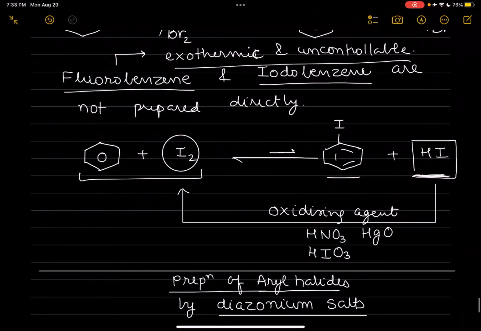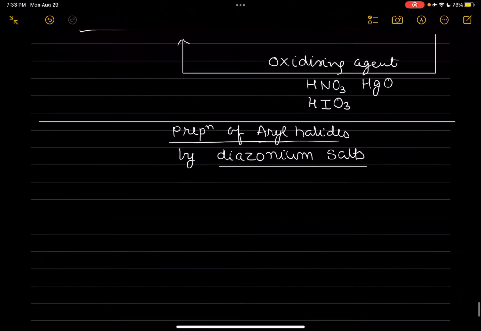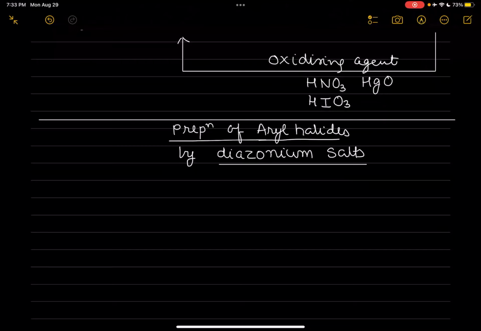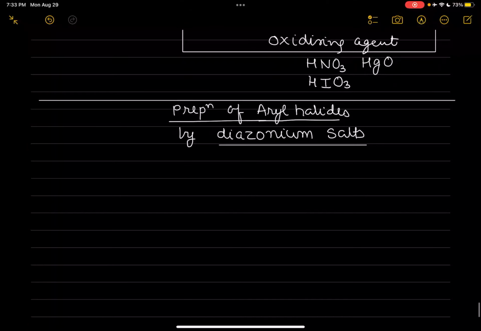By this diazonium method, you can not only prepare aryl halides, you can even prepare phenols, and you can prepare benzonitrile. So this topic will be there in all the chapters. Let me tell you quickly; we will cover it in the subsequent chapters.